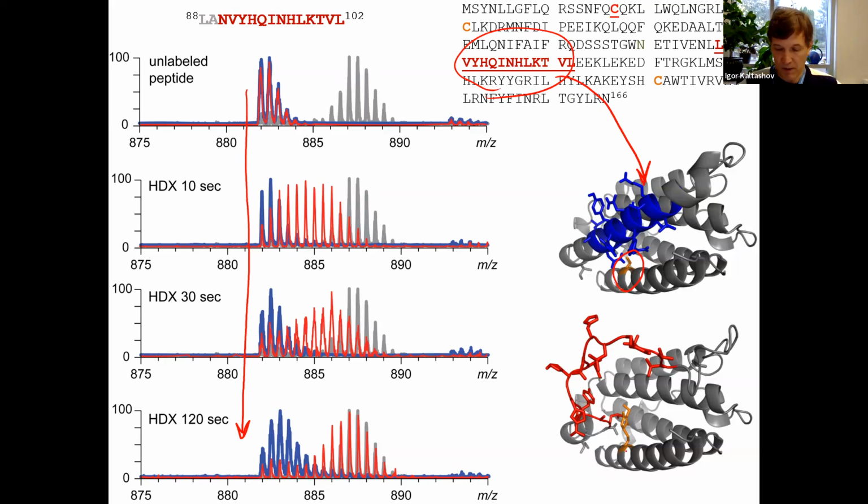So once you put a bulky NEM functionality on the cysteine, it would become much more difficult for you to keep this helix intact. And you clearly see that in the dramatic acceleration of the deuterium uptake. Okay, so with that, I will finish my presentation today.